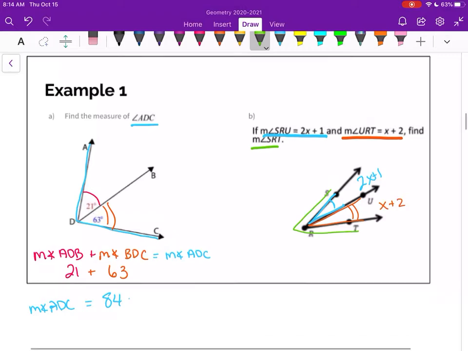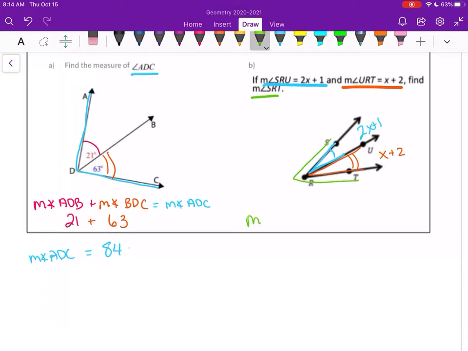Okay, so measure of angle SRT is right here. So the measure of angle SRT is going to equal the measure of angle SRU plus the measure of angle URT.